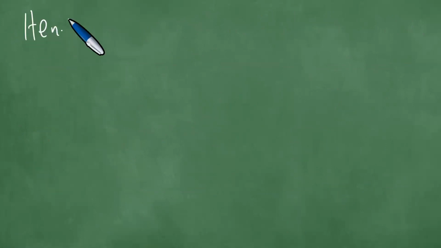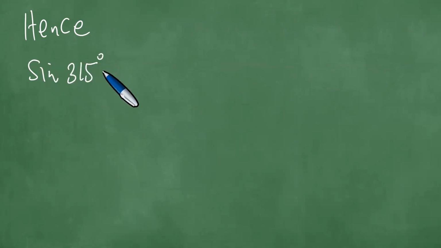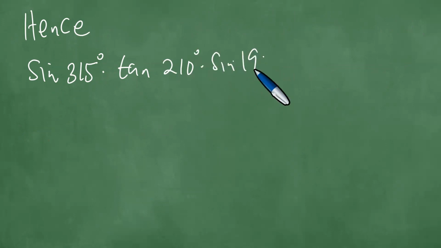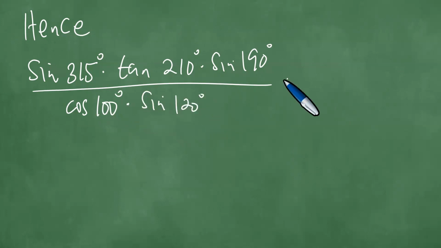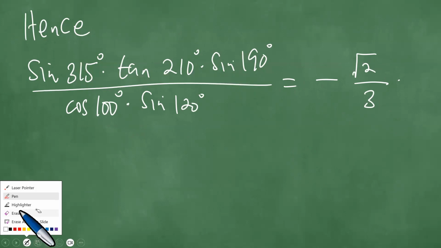And the conclusion is that hence, the sine of 315 degrees times the tangent of 210 degrees times the sine of 190, divided by the cosine of 100 degrees times the sine of 120 degrees, is minus the square root of 2 out of 3. Okay, and we're done.